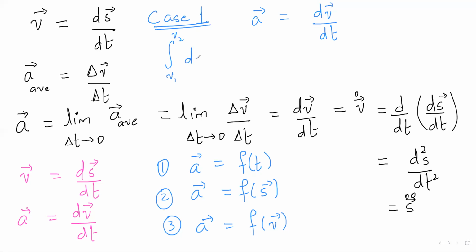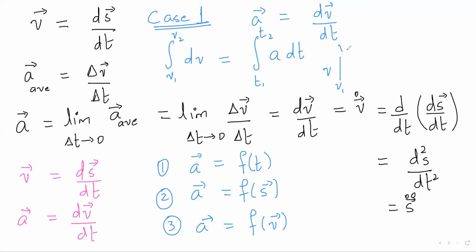dv equal to integral t1 to t2 a dt, so you can perform the integral. Let's do it on the left hand side. What will happen? Integral 1 dv will be v, from v1 to v2.